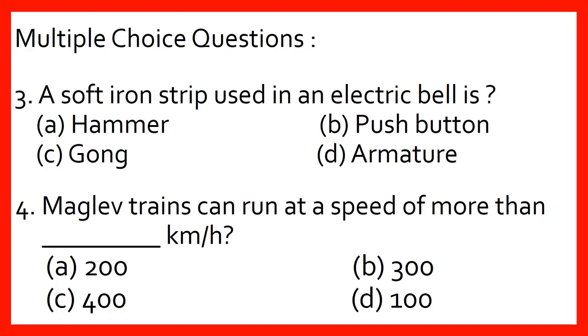Question number 4. Maglev trains can run at a speed of more than dash kilometers. Option A, 200, option B, 300, option C, 400, option D, 100.